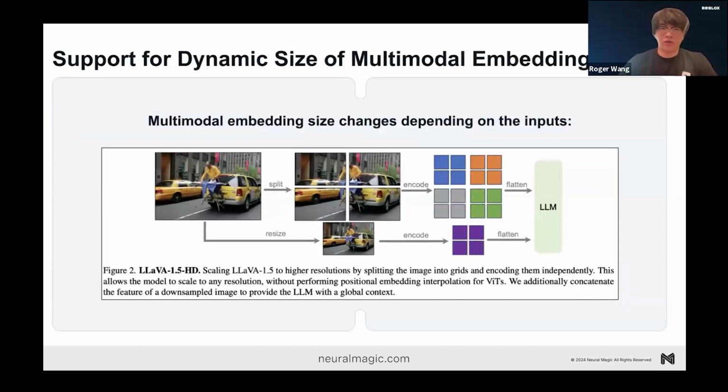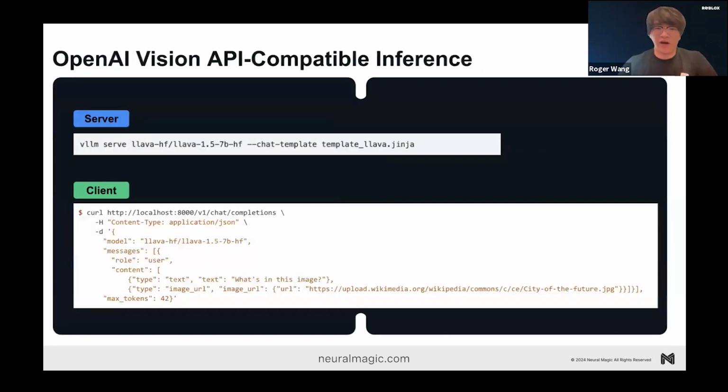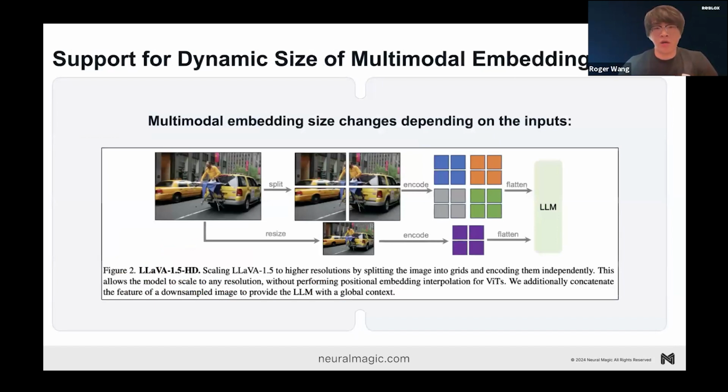But the second milestone was to support dynamic size of multimodal embeddings. Recall here that for Llava 1.5, the size of the image embeddings is always 576. It's a fixed number for this model. But recently, there have been a lot of developments for multimodal models where the size of embeddings can change depending on the inputs.